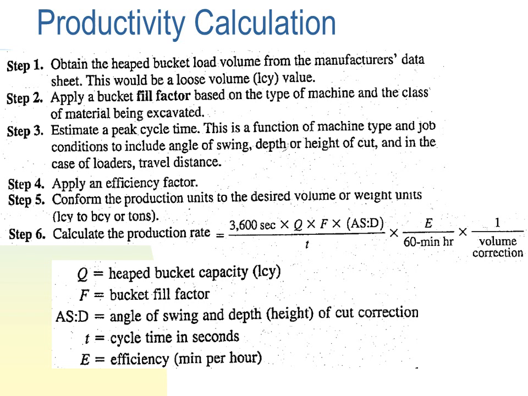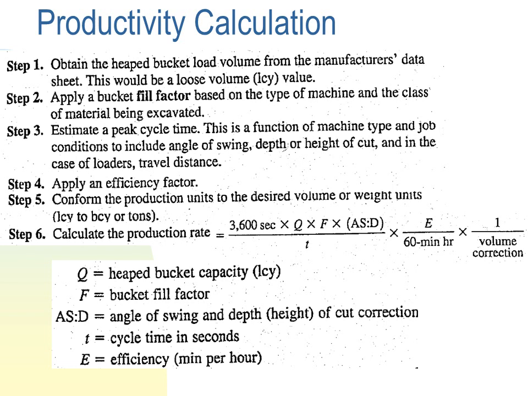So this is our equation. Again, this is the typical equation for any productivity. You have the capacity in the numerator, you have the bucket fill factor in the numerator, and then you have the adjustment for the angle of swing and depth or height of cut, and then you have the efficiency in terms of minutes per hour, and then you'll have the volume correction depending on whether you need it.